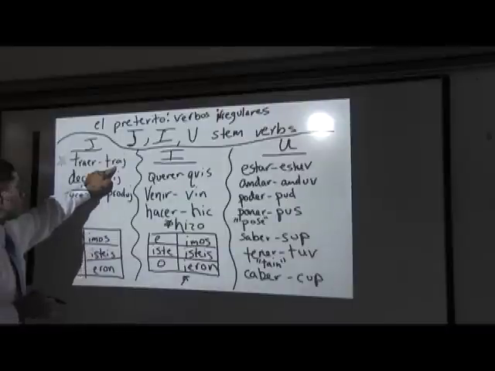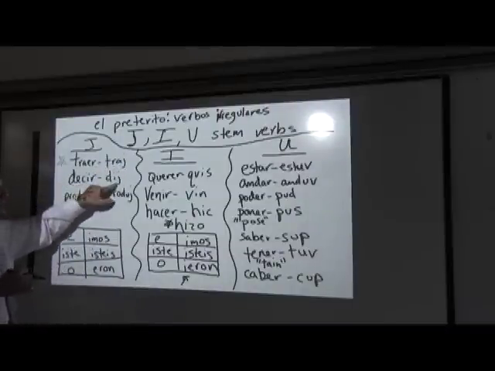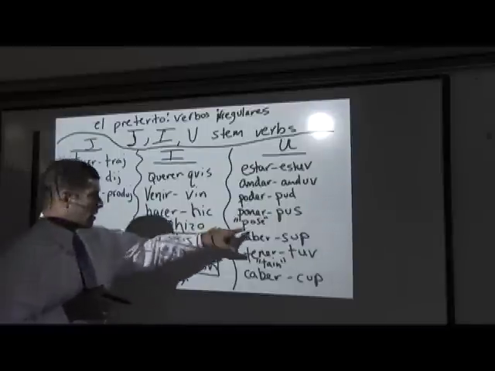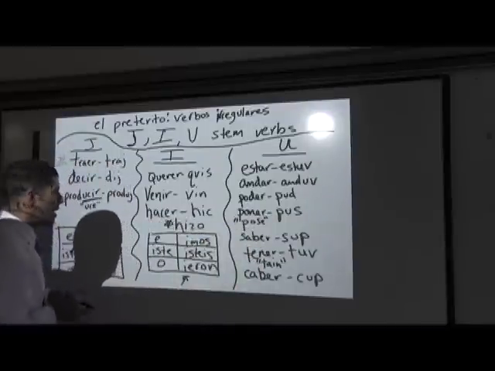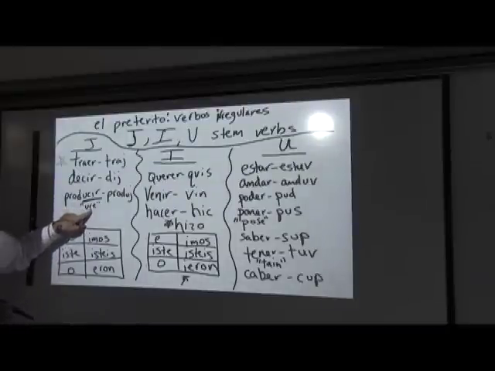Tra is your stem for that. There's a J, it comes out of nowhere. Decir, to say: dij. There are some things in parentheses here, and those are English elements of the word that we're going to use to mark common verbs with this in English. Producir is to produce. You hear the "uce" in English, right?